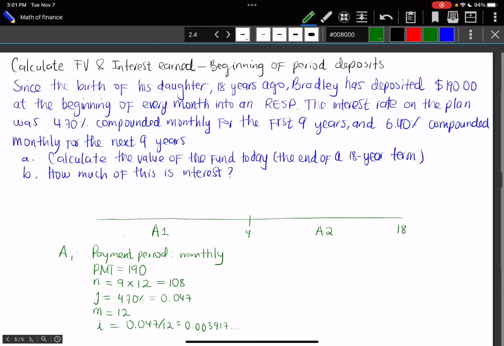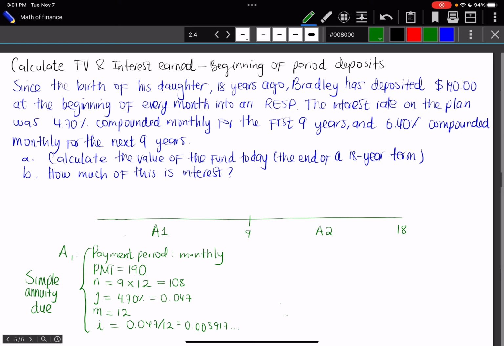Notice that the payment period is monthly and the compounding period is monthly as well. So A1 is a simple annuity due. Let's write the classification here: a simple annuity due with all the characteristics right here.